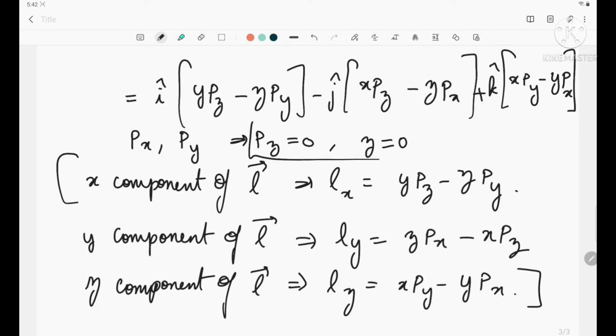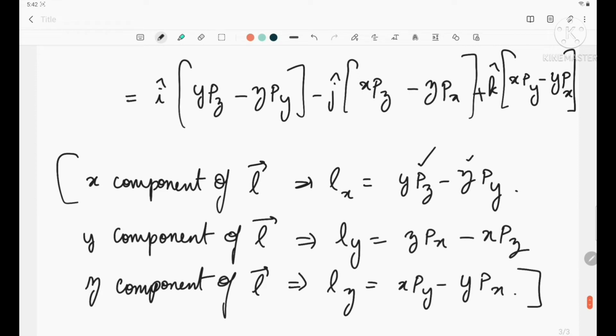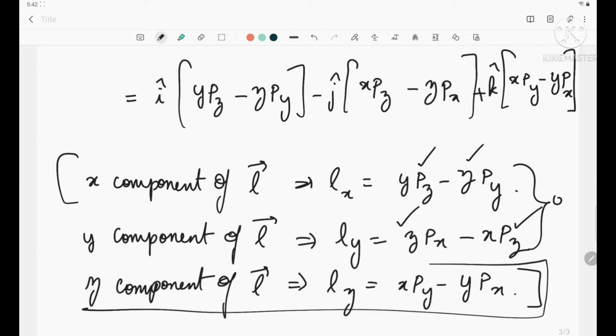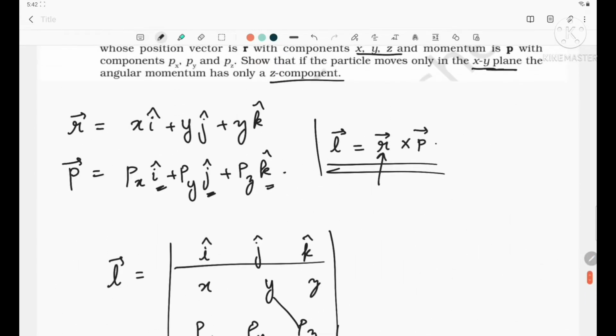So if pz is equal to 0 and z is equal to 0, that means in the x component and y component, this has z and pz here, and this has z and pz here, so these two will become equal to 0 and only the z component of the angular momentum will be available. Otherwise also you can look at this equation.